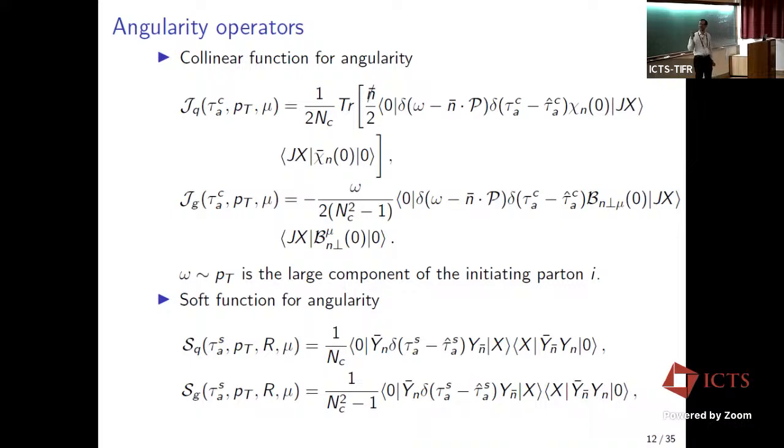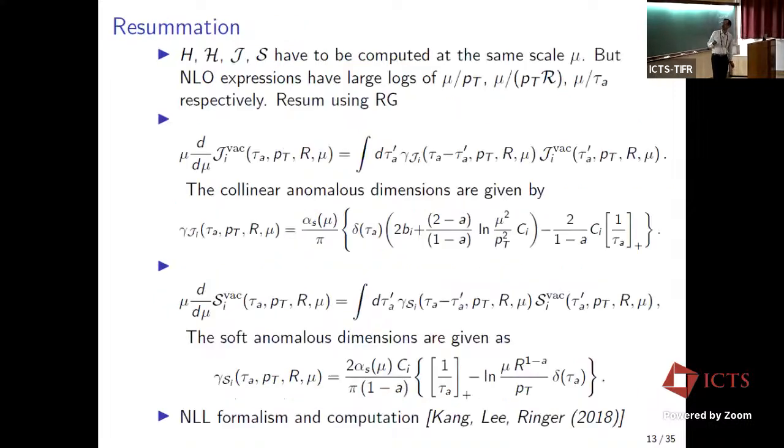And now the only thing that you have to be careful about is that you have to calculate everything at the same scale. So for that, you just write down the renormalization equations for the collinear and the soft fields, and match them, and then evaluate the cross section that we had written out.